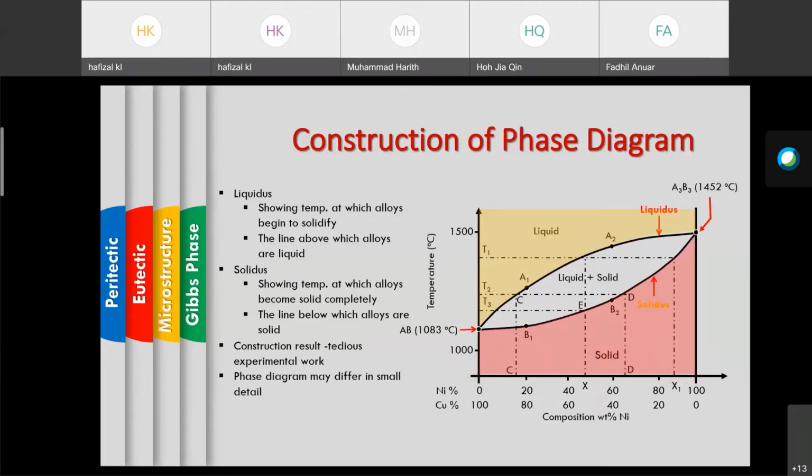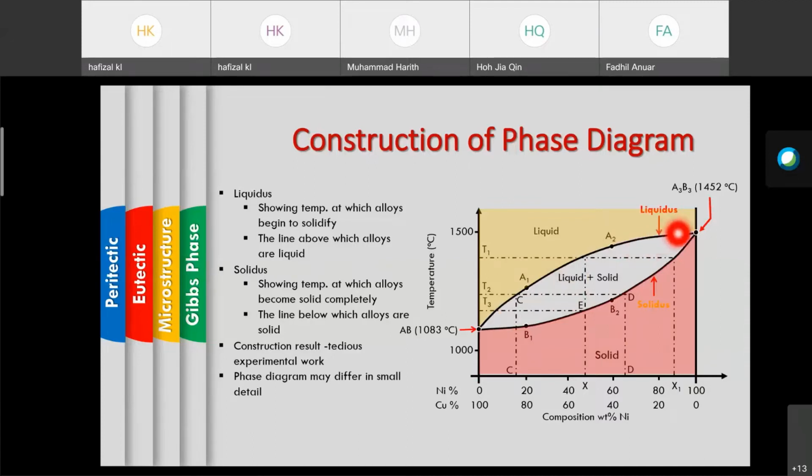During the process of the combination, at a certain combination percentage, we can see the solidification start and finish. In this copper-nickel phase diagram, there is the existence of liquid and solid at the same time. So in this case we can see the construction produced here.